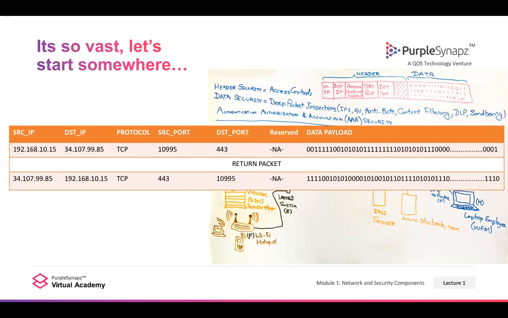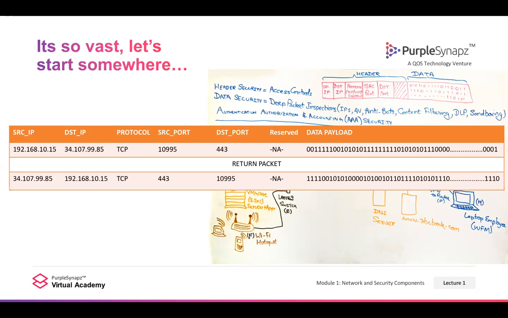So let's look at what you are seeing in the header on the top. Imagine the data has to flow from the machine 192.168.10.15. It has to go to 34.107.99.85, and it is using TCP as a layer 4 protocol.